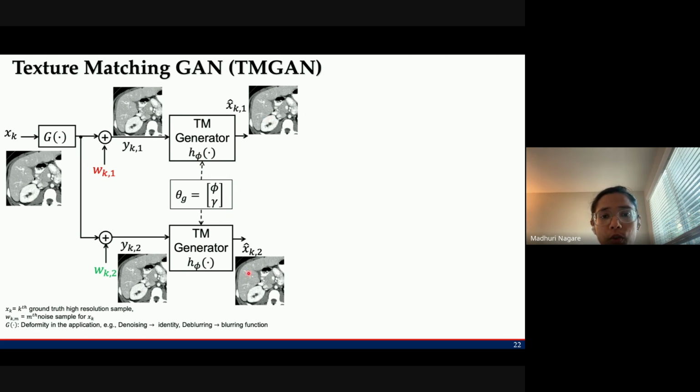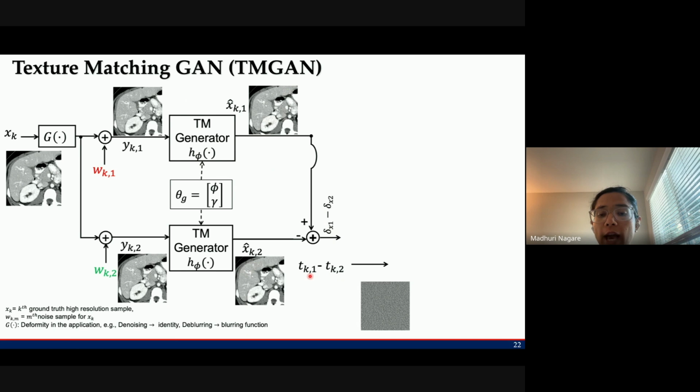We get two denoised estimates, x hat k1 and x hat k2, and then we take the difference of these two samples. Then we also have the true target texture, T_k1 and T_k2. We take the difference and it looks like this. And it forms the real input to the discriminator.